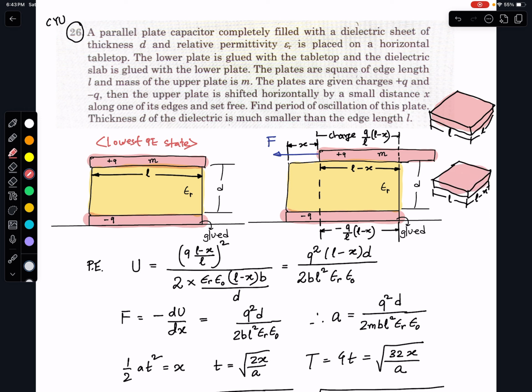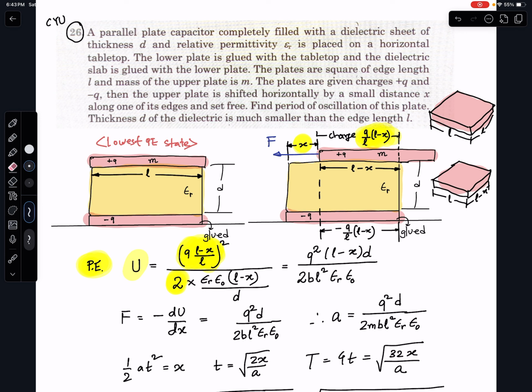Now in this step, we will find the potential energy as a function of x, this small displacement x. U is equal to charge squared, where the charge is, as I have said here, Q into L minus x by L, so Q squared by 2 times C. Capacitance is as I said. Oh sorry, this is not B actually, this is L, right?